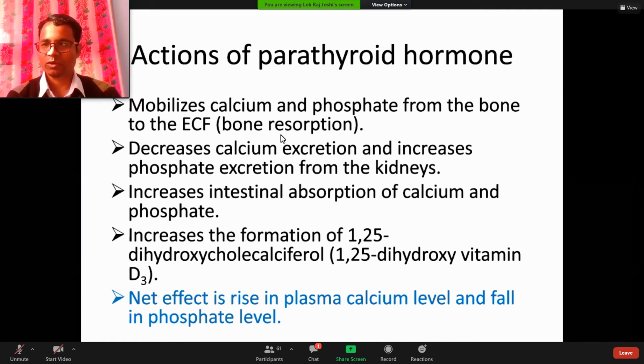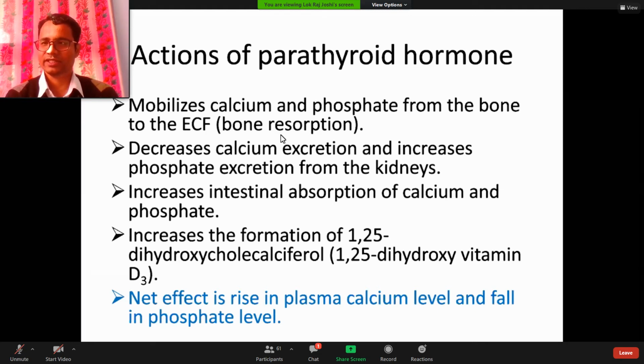From the intestine, both calcium and phosphate are absorbed mainly through the actions of vitamin D3. Parathyroid hormone's role here is indirect, through vitamin D3. We will see it soon. At the level of bone, there is release of calcium and phosphate into extracellular fluid. From the intestine, absorption of calcium and phosphate.